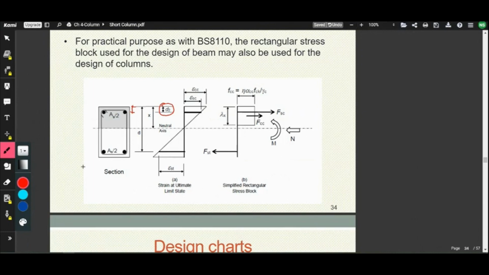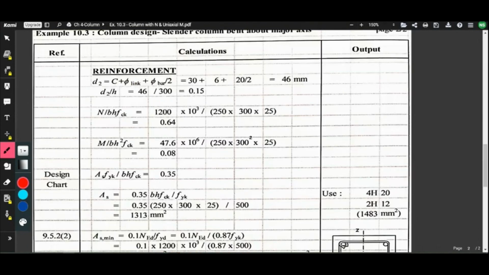So that is c nom plus link diameter plus bar diameter divided by 2.